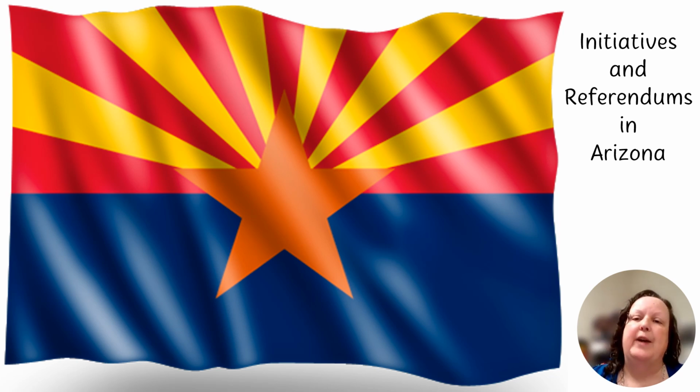An initiative is created by any registered voter. They need to obtain a form from the Secretary of State of Arizona to draft the proposal. They then submit it to the Secretary of State, and once the Secretary of State deems it proper, it is circulated among registered voters.